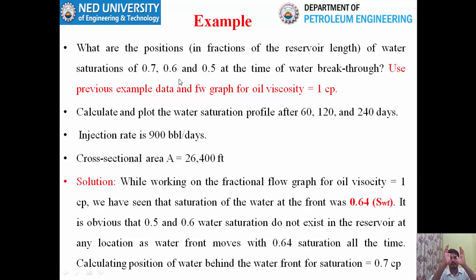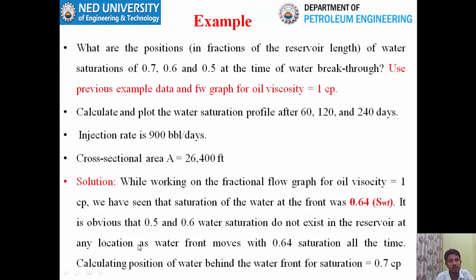So in the flooding zone the minimum saturation is 0.64. In the flooded area you do not have any zone whose saturation is 0.5 and 0.6. So it is obvious that 0.5 and 0.6 water saturation do not exist in the reservoir at any location, as the waterfront is moving with a saturation of 0.64.